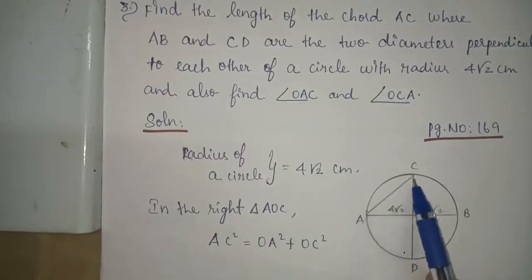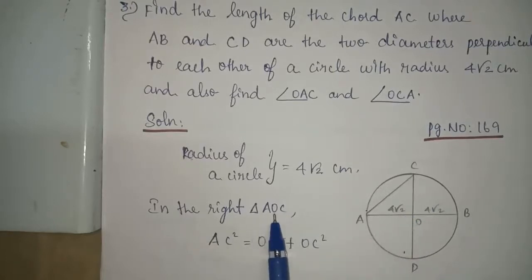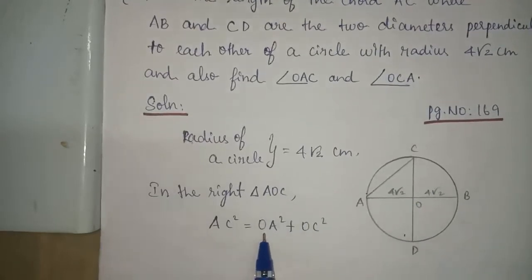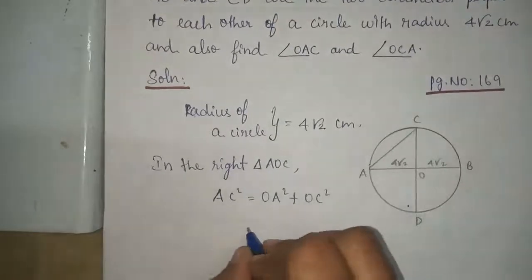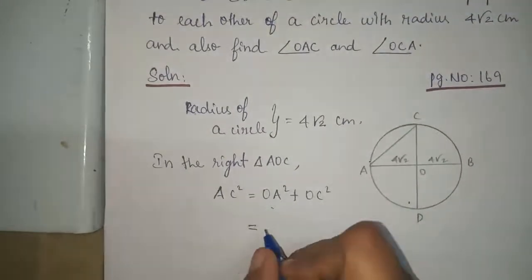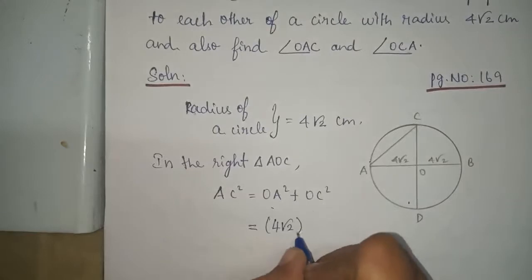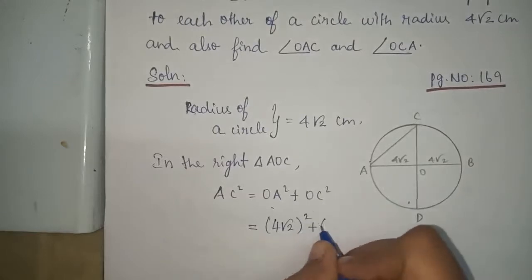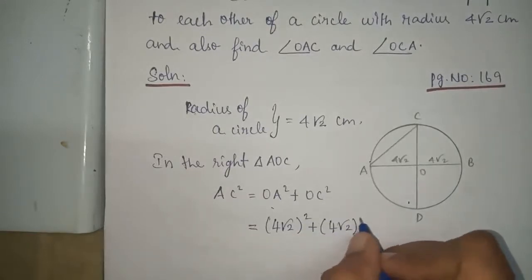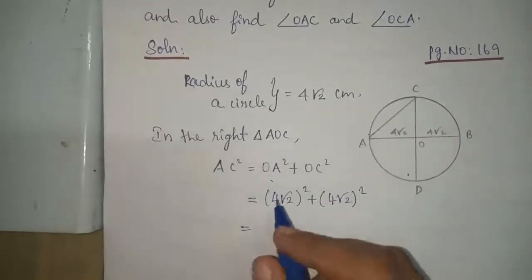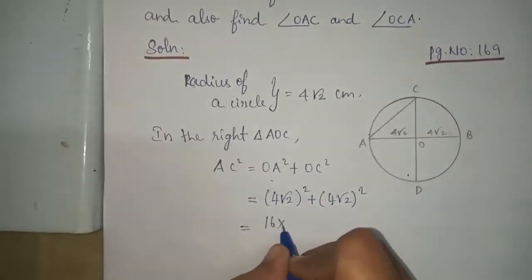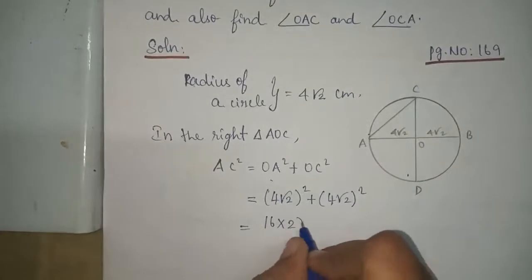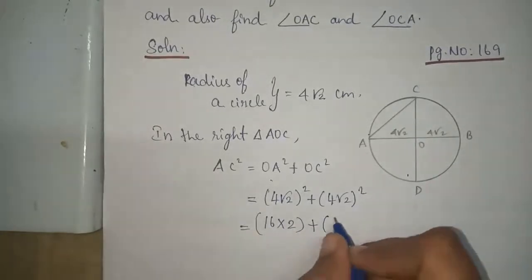So in this we can get a right angled triangle which is right angled at O. So in the triangle AOC, AC square is equal to OA square plus OC square. So AC square is equal to OA square is nothing but 4 root 2 square. Then OC square is also 4 root 2 square, which is equal to 4 square is 16. 16 into root 2 the whole square is 2, plus 4 square is 16.